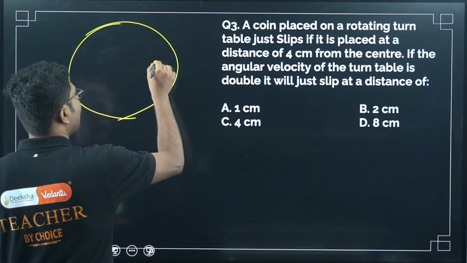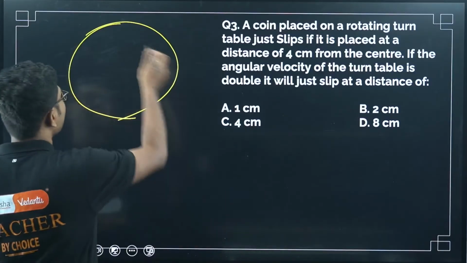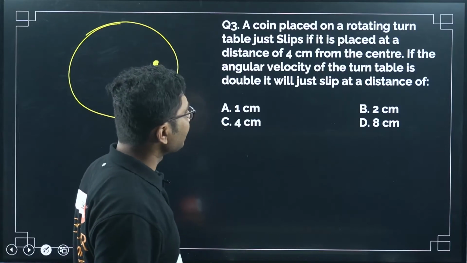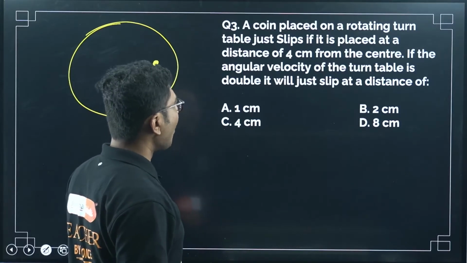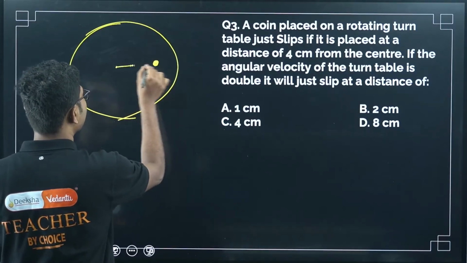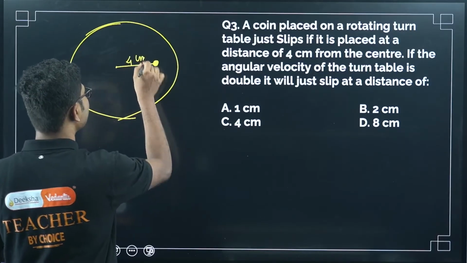Okay, so there is a coin. The turntable is rotating. If the angular velocity of the turntable is doubled, at what distance will it slip? So when the distance is 4 centimeters, it just slips.